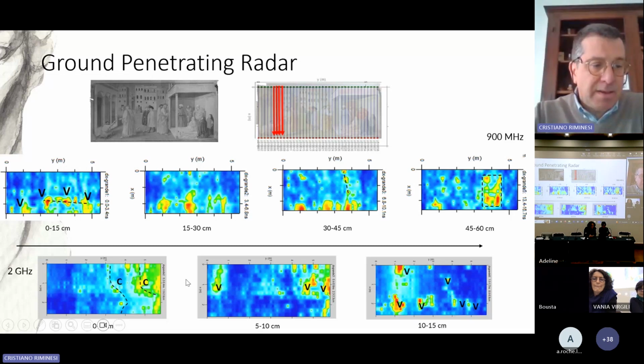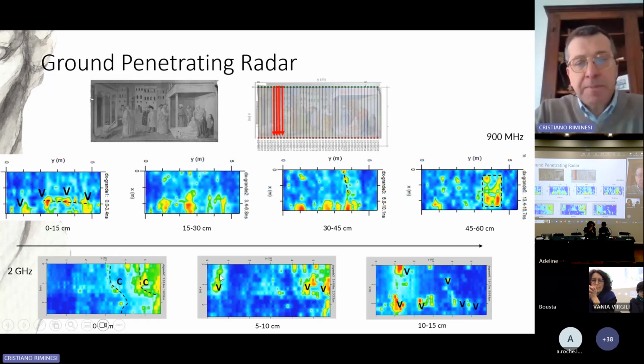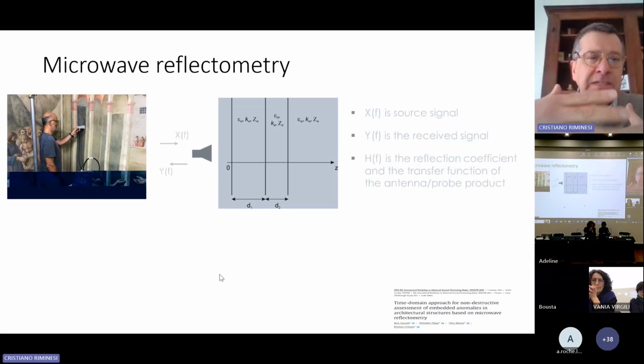While with the 2 gigahertz ground penetrating radar system, we can perform an investigation of the surface up to 15 centimeters. But the resolution is not enough, so we need to improve the resolution in this first 15 centimeters.